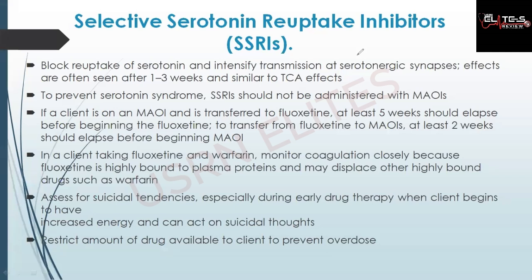You know that sometimes patients store up some of these antipsychotics and antidepressants for suicide. They keep them plenty, then try and swallow them at once so that they can die. So you don't have to keep these medications close to them.